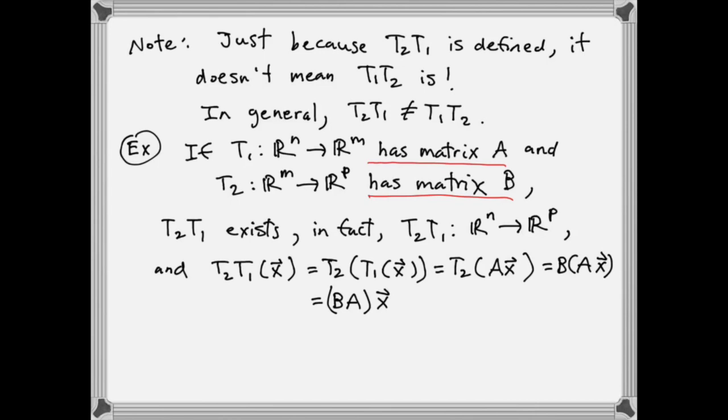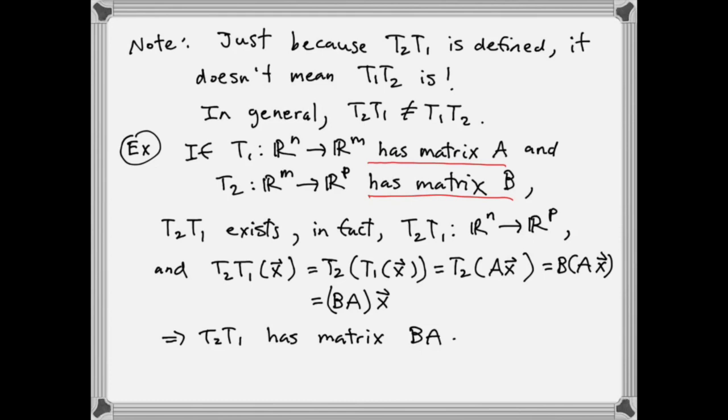So what did we just learn? This implies that T2 T1 has matrix BA. So this is nice. If we want to find the matrix of the composition of transformations, we just multiply the former matrices together.